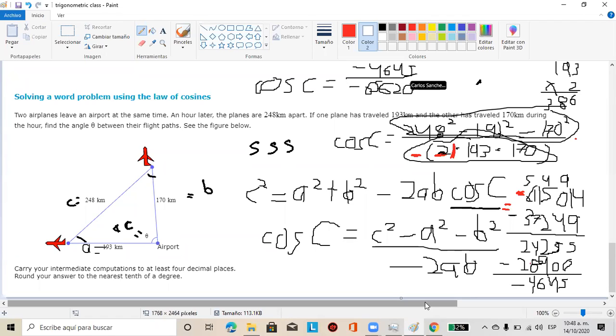Sorry for my bad handwriting. Now that we cleared both of the operations, we can make the subtraction.